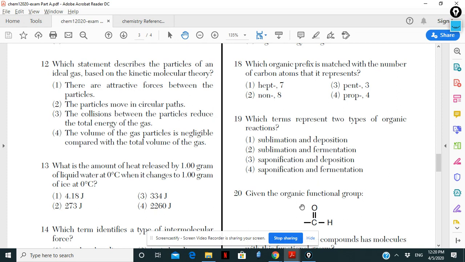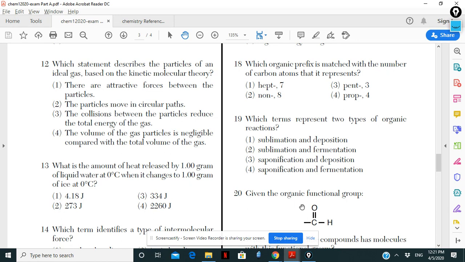You also have addition reactions and all these types. So I'm looking for something related to the organic categories. Sublimation is a physical change. What's sublimation? Sublimation means going from the solid state to the gaseous state without passing through the liquid state. So that's incorrect. Sublimation and fermentation, I'm still in the physical property.